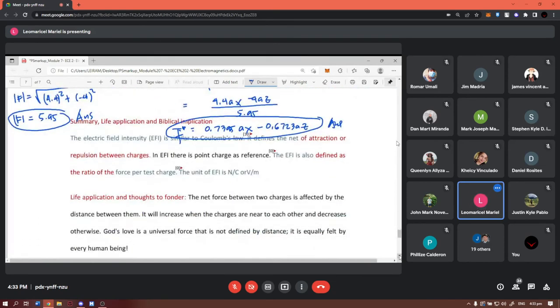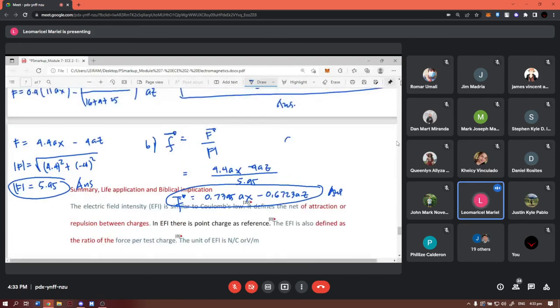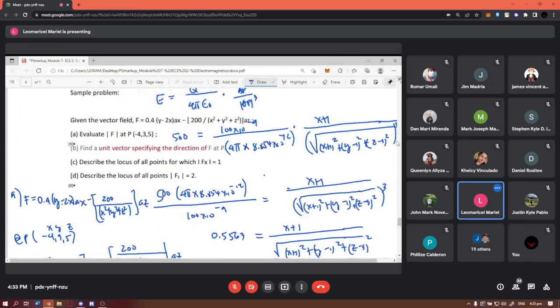Letter C, kunin yung vector. Describe the locus of all points for which the magnitude of Fx is equals to 1.